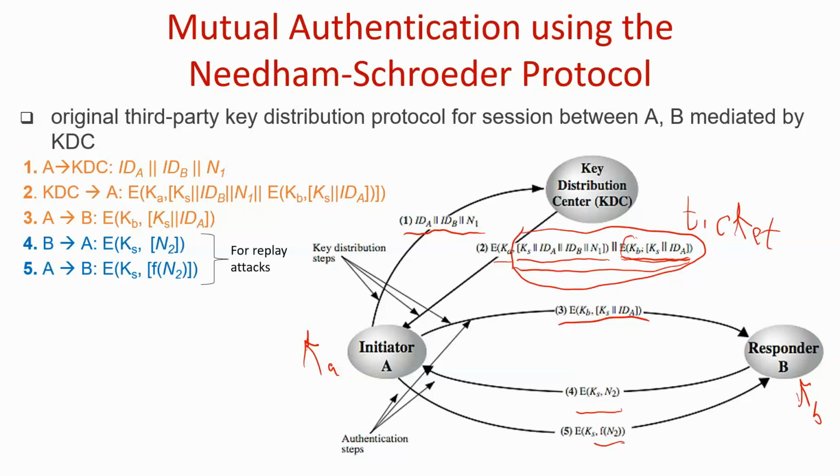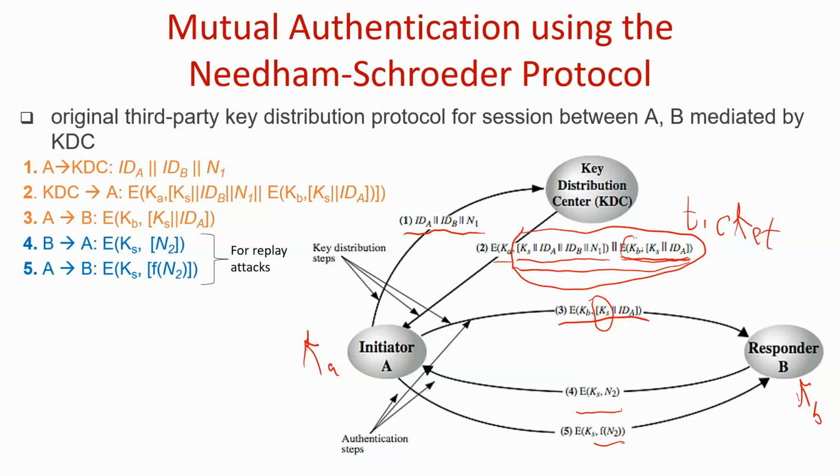When A sends the ticket to B in step 3, B will also verify that this ticket was actually generated by the KDC because it's encrypted with KB. And so B will now trust that this symmetric key is an authentic one, that it has been generated by the KDC because it's encrypted with KB and only the KDC has KB.